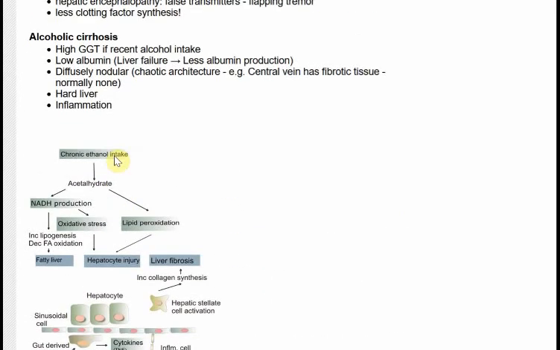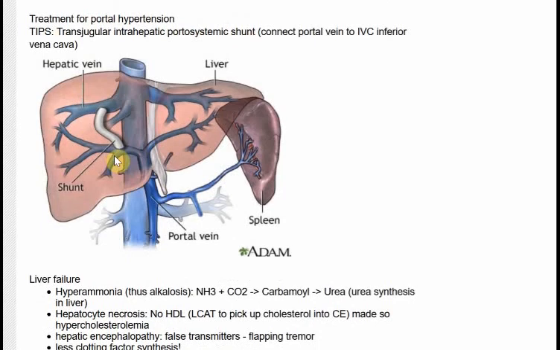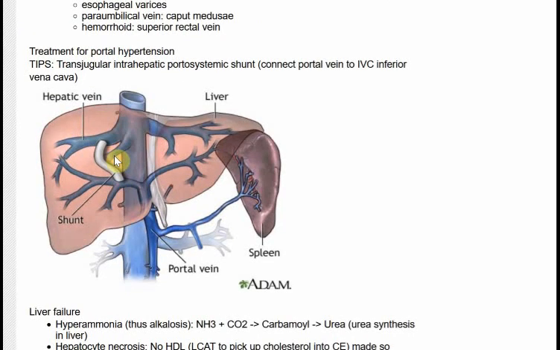And also, to reduce portal hypertension, you can also remember your portal vein here. You can produce a shunt, so called a TIPS shunt, transjugular intrahepatic portosystemic shunt, connecting the portal vein to the hepatic vein.